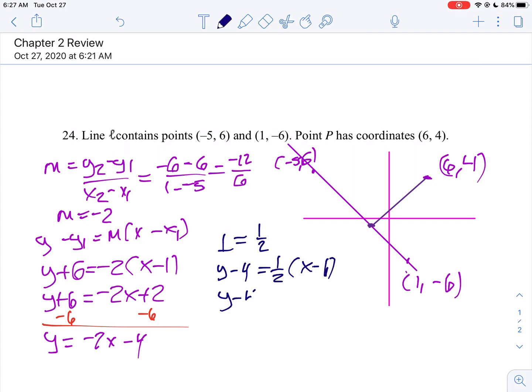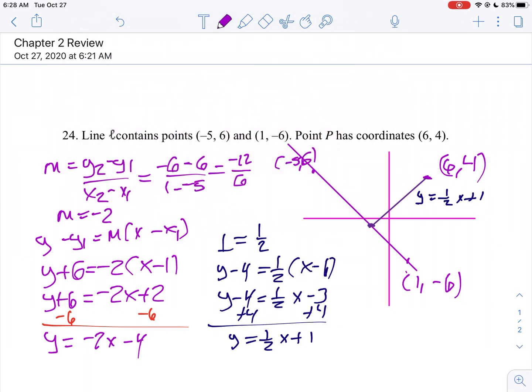So you get y minus 4 equals 1/2 x minus 3. We'll add 4 to both sides, and y equals 1/2 x plus 1. So I'm going to write this here: y equals 1/2 x plus 1. My other line was y equals negative 2x minus 4.